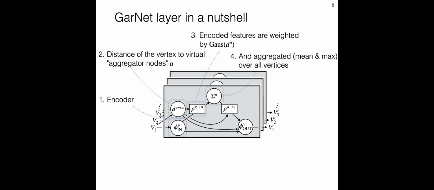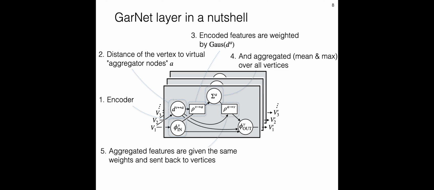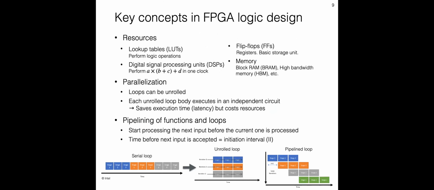The aggregators compute the mean and max of all the features sent from the vertices, and then send them back to the vertices with another application of the same weights. And then finally, there's the decoder that computes the output features for each vertex. This block can be repeated multiple times to create a deep network. But that's just one unit.